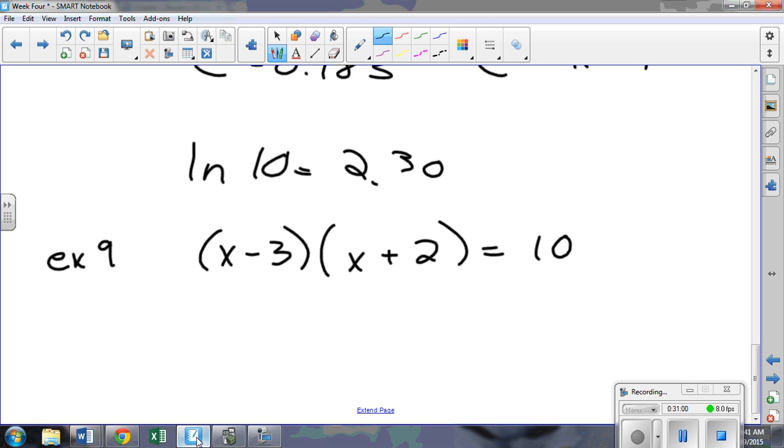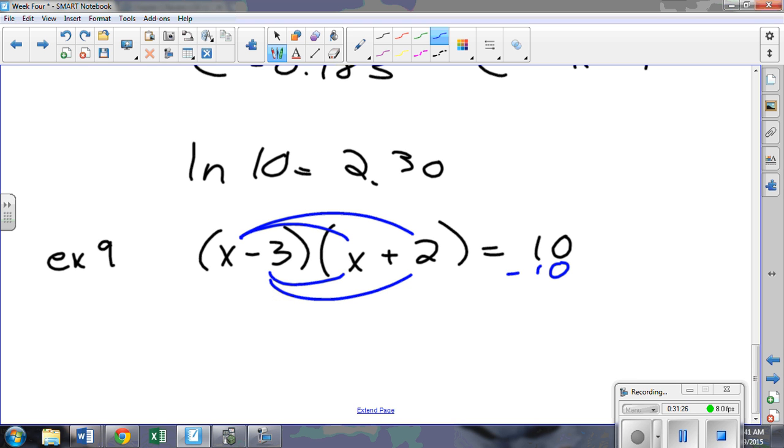In order to solve this particular problem, if we wanted to use the zero product rule, we would have to expand this or FOIL it, then subtract the 10 over, which would create our equals 0, try to factor it over again.